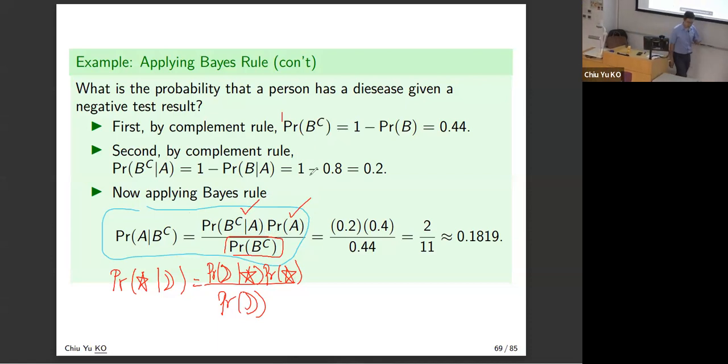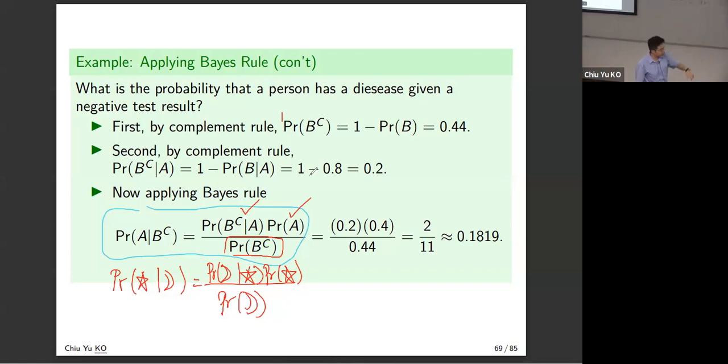Again, you can use the same technique, but I do a much faster, quick way, because B and B complement are the same. So I don't need to do the complicated total probability rule, just make it faster. But you can follow what we have done and do the same thing. This is a little bit of a shortcut, and you can do it because we calculated probability B.